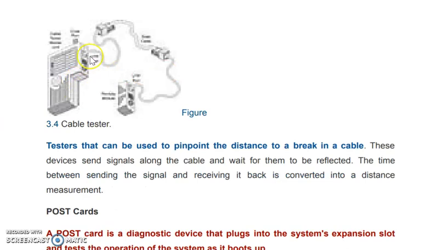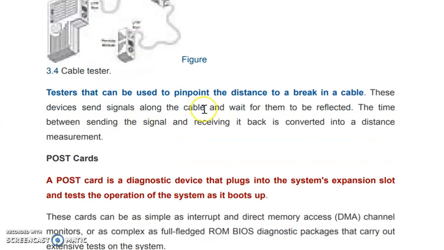You can see this picture of a cable tester. This cable tester pinpoints the distance to the break in the cable. So it will identify the exact point where the cable has been broken.